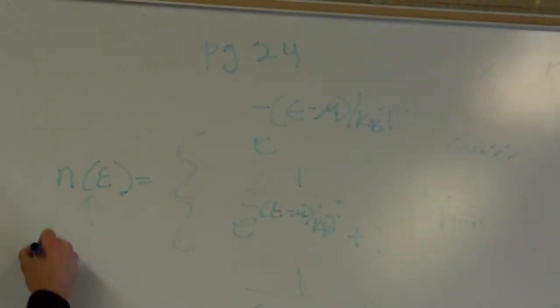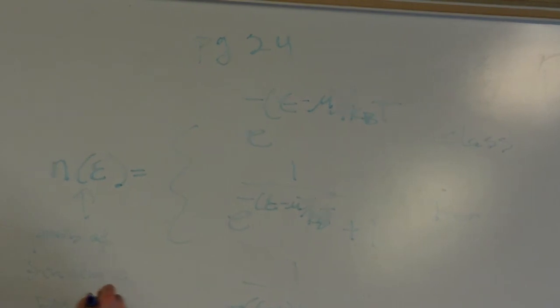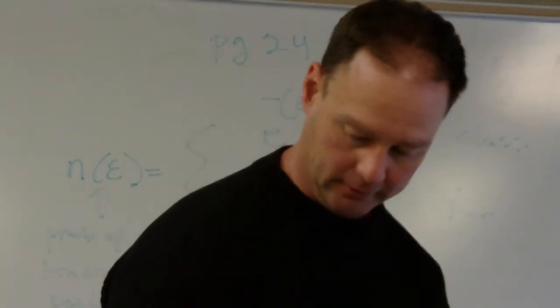And n is the probability of finding a particle with energy epsilon.